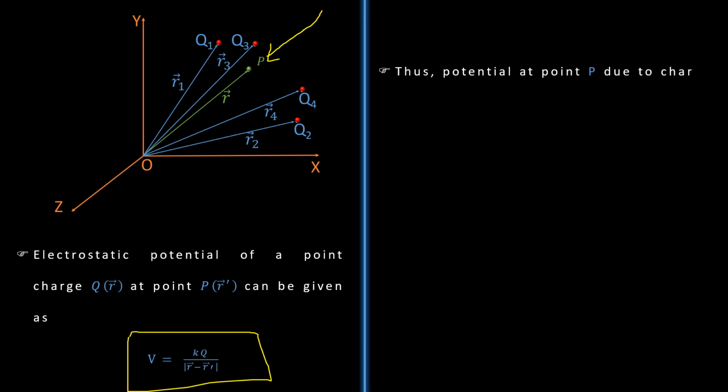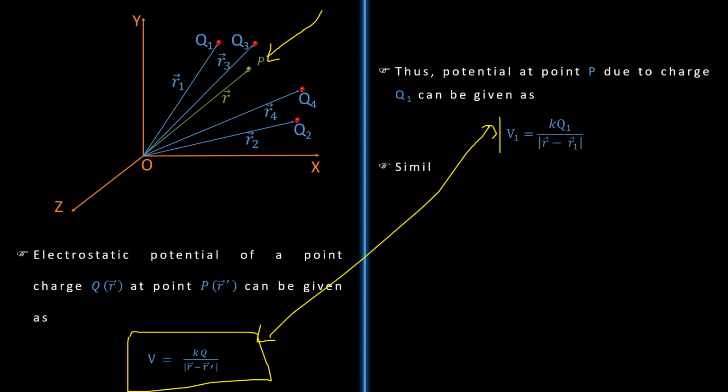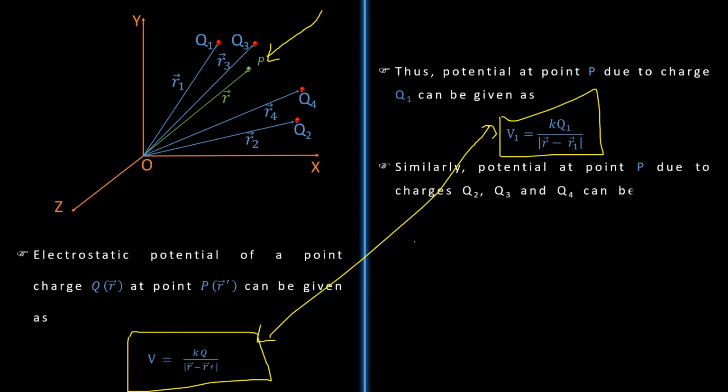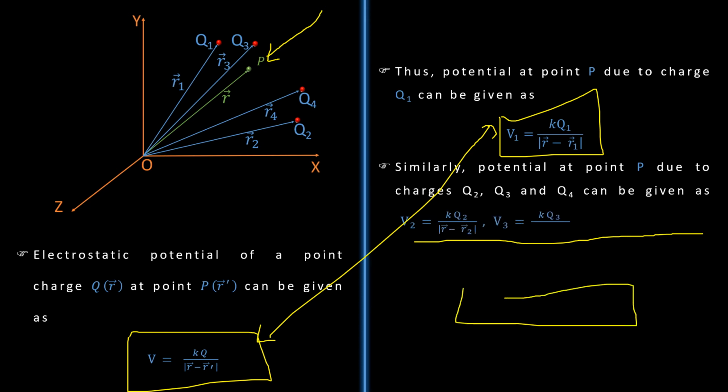Here, V1 can be given as kq1 by mod r minus r1, with r prime replaced by r1, and similarly we can have V2, V3, V4.